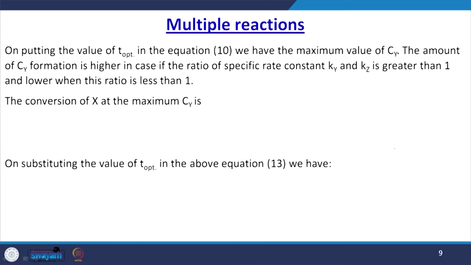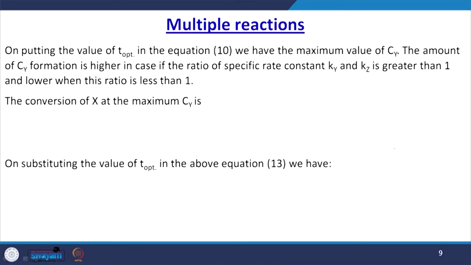Now, if we put the value of this tau optimum into the previous equation 10, we have the maximum value of Cy. So, the amount of Cy formation is higher when the ratio of specific rate constants ky and kz is greater than 1, and lower when the ratio is less than 1.